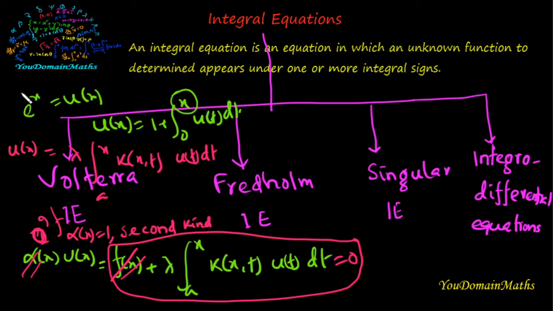We know that the integral equation must have this shape, that means u(t) under an integral sign, with a kernel and a constant. An integral equation is called a Fredholm integral equation if the limits of the integral are constant.